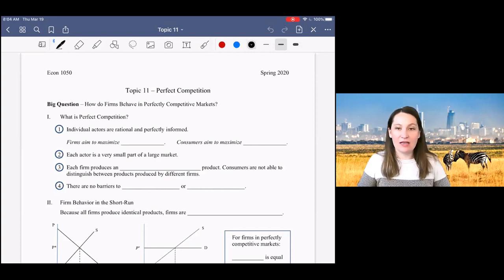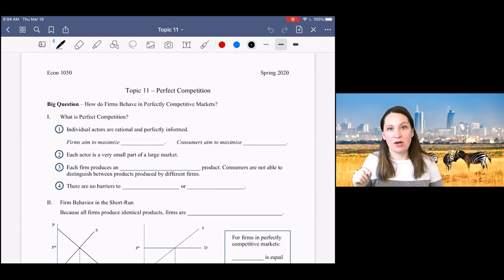We're going to dive in here to perfect competition, and in this topic and the next two topics, our focus is going to be on how the type of market or the market structure affects outcomes in that market.